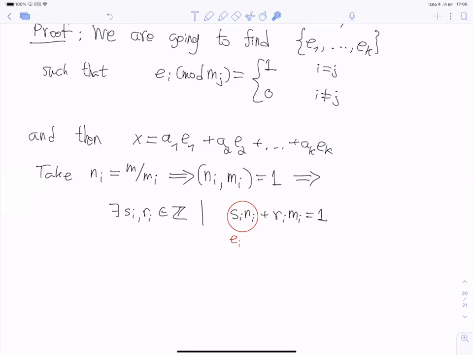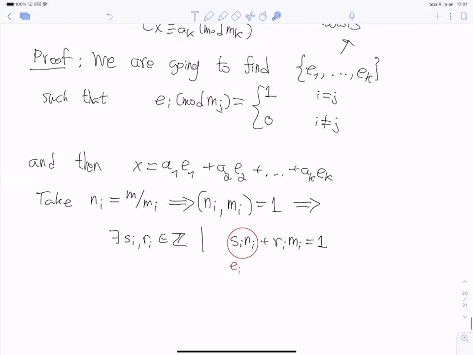Why does it satisfy the conditions? Because Ei modulo Mi: all of Ri Mi is 0 modulo Mi, so it's 1. So Ei modulo Mi is 1. And since Ni contains Mj for any other j, this is 0 modulo Mj. So this is how we construct this Ei.